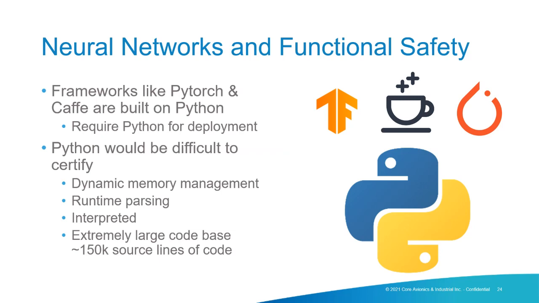You usually want to have it pre-processed to some degree as bytecode. Otherwise, you're certifying an entire interpreter or a compiler. And on top of that, it's an extremely large code base. It's over 150,000 lines of source code. So assuming it could actually be certified, and that there were no major changes that would have to be done to it, there'd be a lot of effort associated with certifying that much source code.